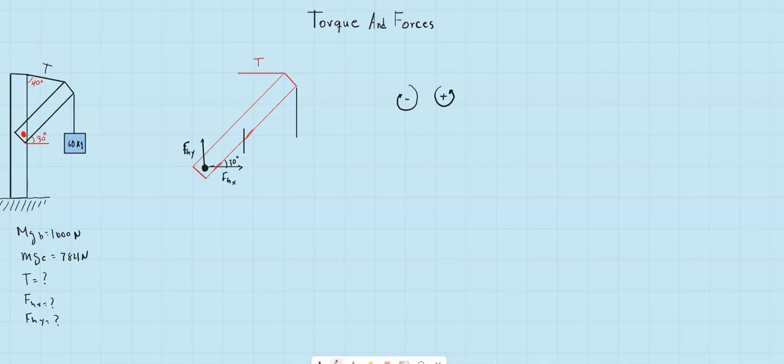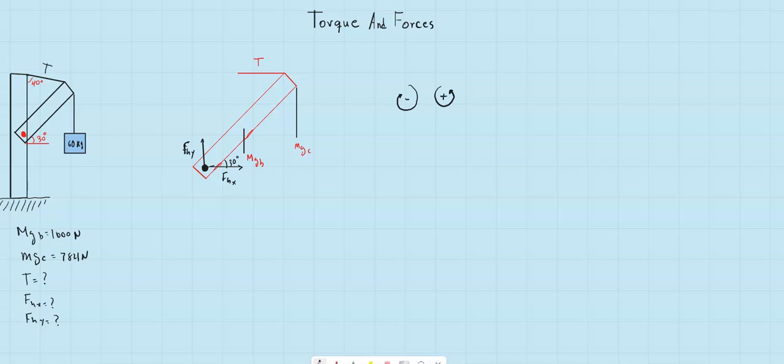This force right here is mg of the crate, and this one is mg of the beam. You know that the beam is 1,000 newtons. So now we have our 1, 2, 3, 4, and 5 forces acting here.